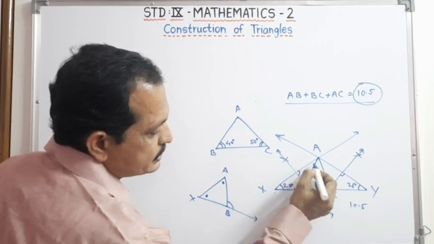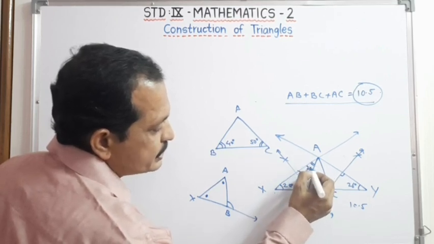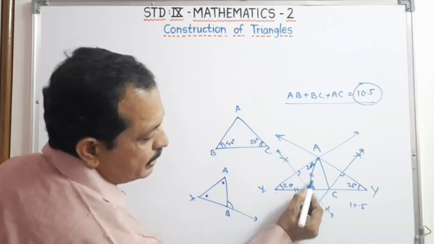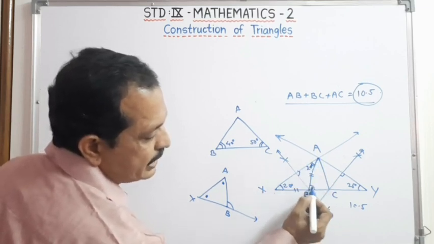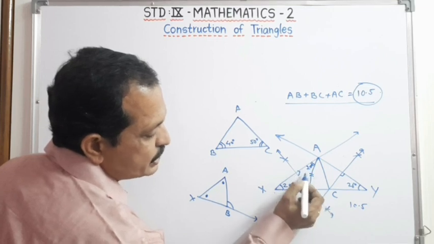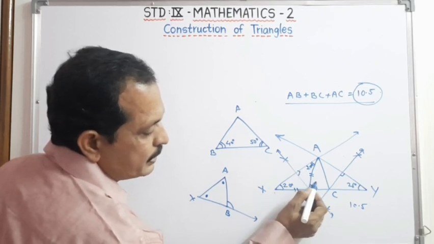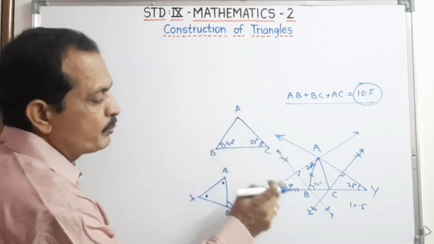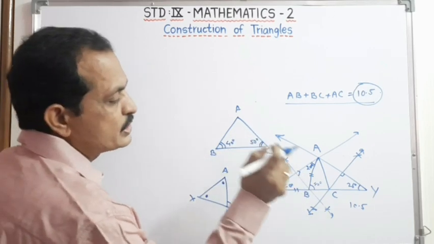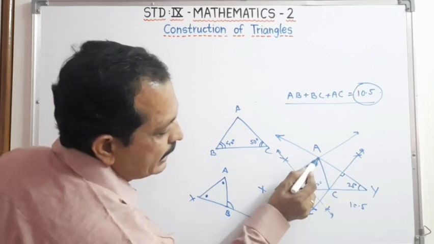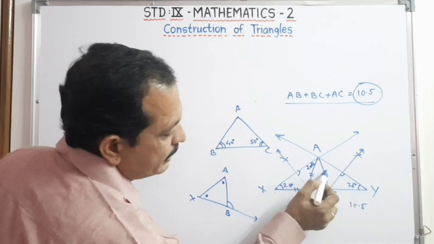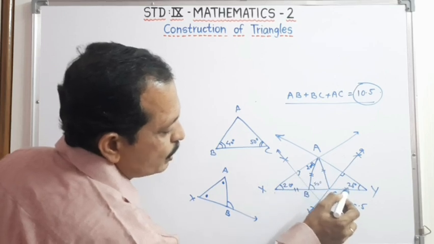Therefore, angle X is congruent with angle A. This is 20 degrees. Now angle ABC is the exterior angle. Therefore, the measure of this angle is equal to the sum of these two angles. Therefore, it is 40 degrees. That's why we are taking half of the measure here. Here also, if we consider triangle ACY, this AC is congruent with CY.